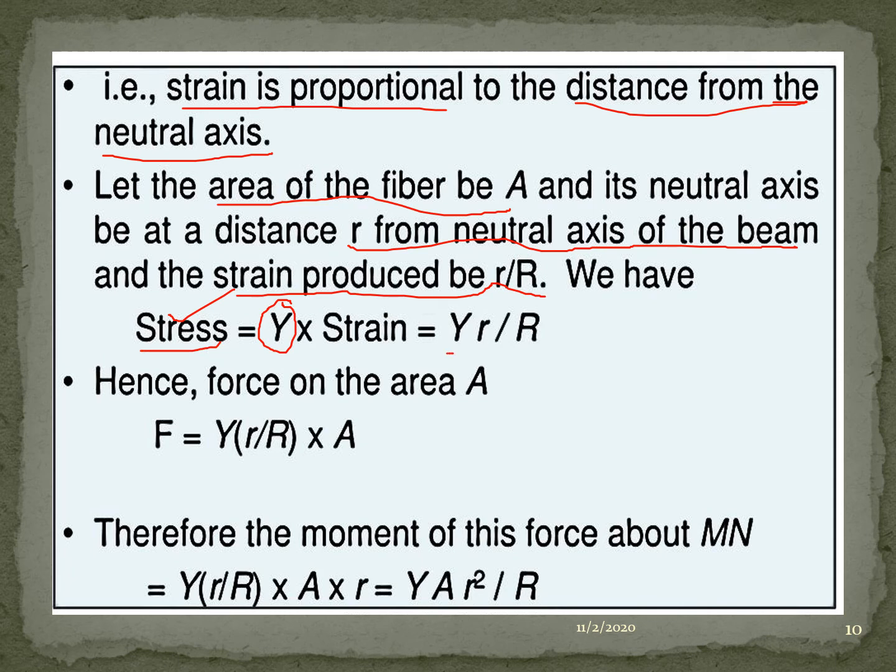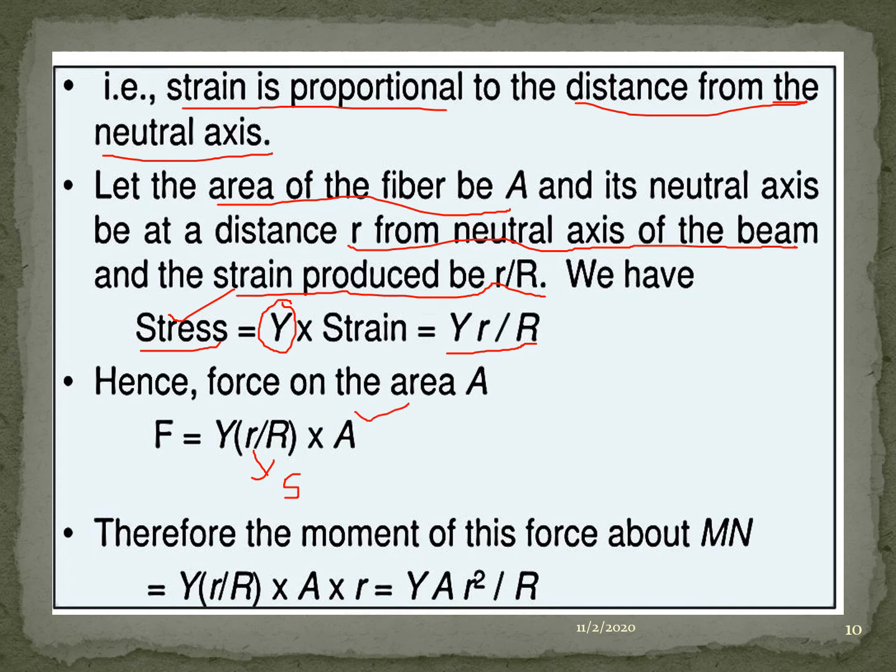Now, how will you define force? So, this is the expression for the stress. Force is nothing but stress into area. So, stress we got the expression. When you substitute, Y into small r by capital R into A, where A is the area of cross section of the beam. Now, at last we calculate the moment of the force. So, what is the expression for the moment of the force?